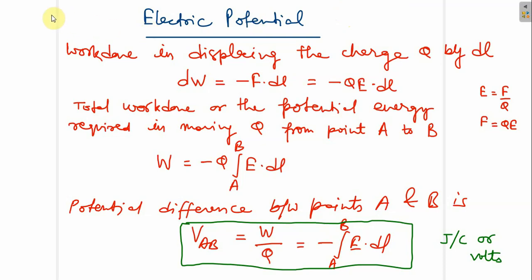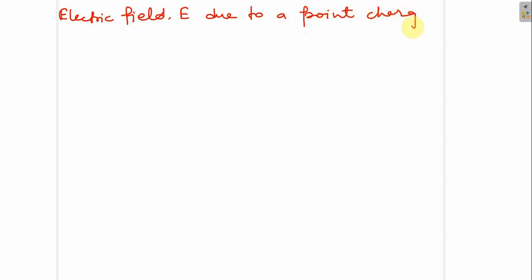So let's move further. The electric field E, due to a point charge Q located at the origin, is given by... So what will be the mathematical representation of electric field intensity E due to a point charge Q located at the origin?